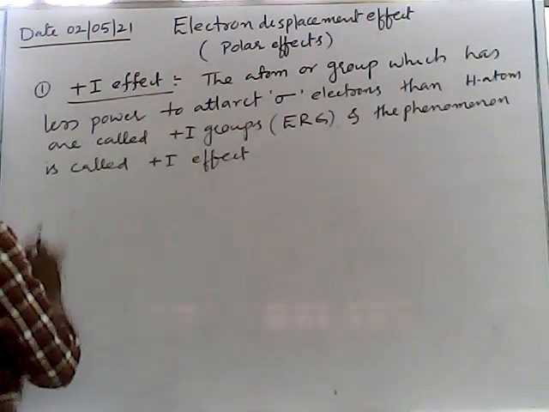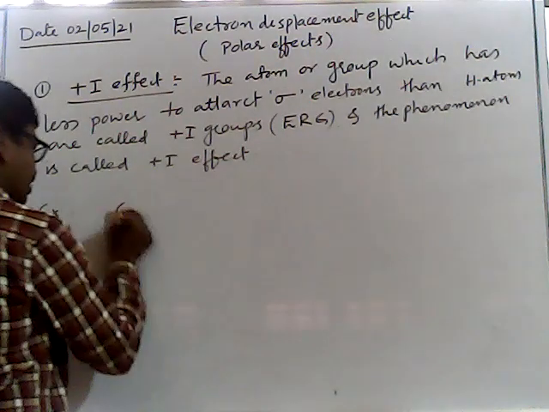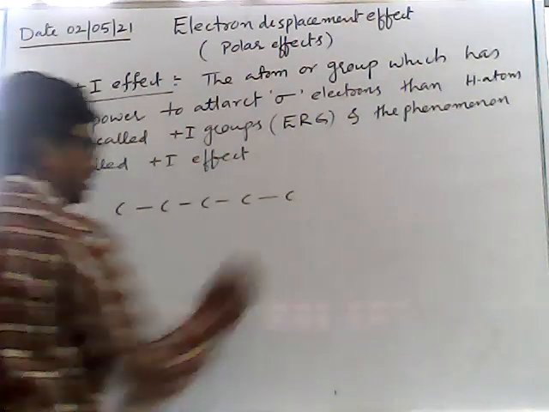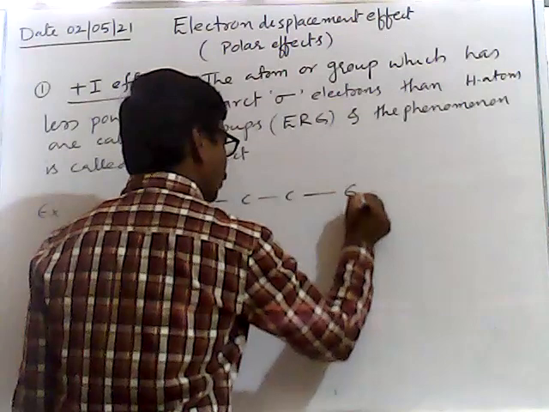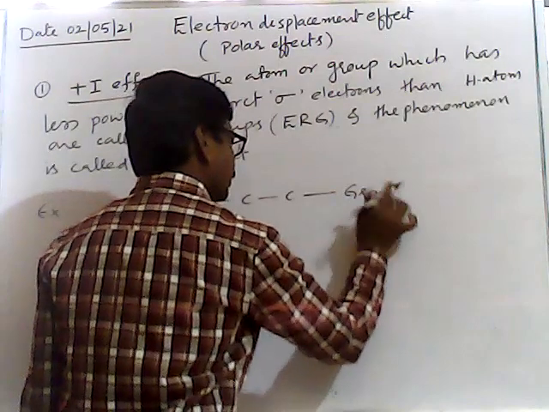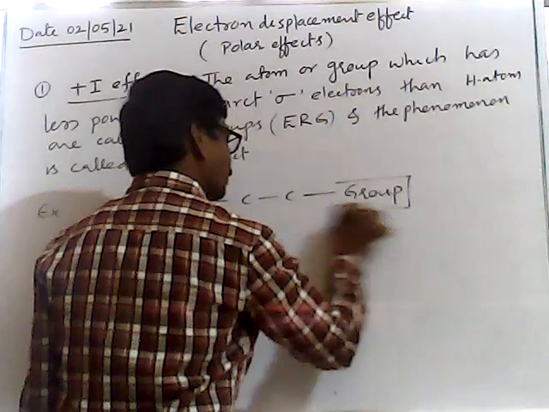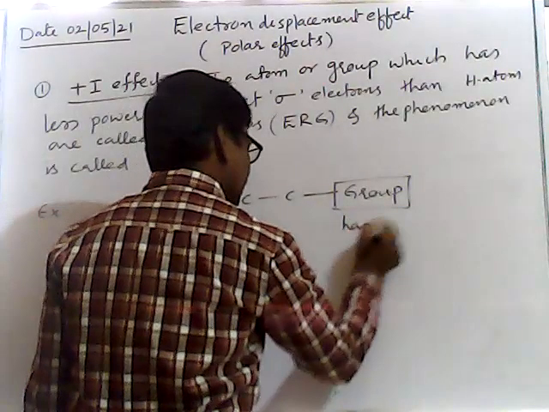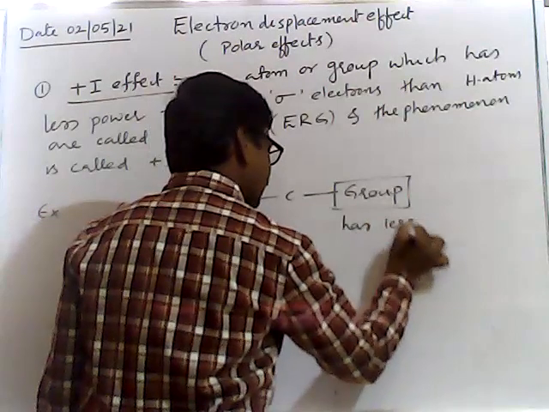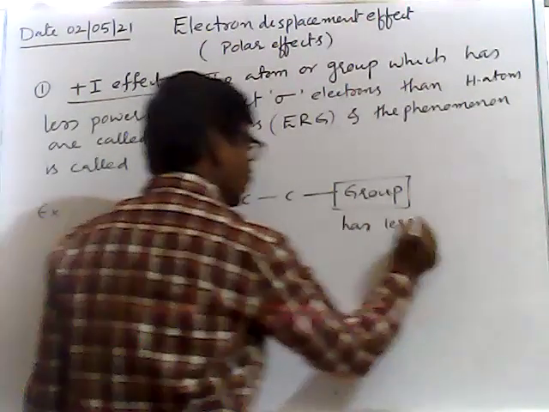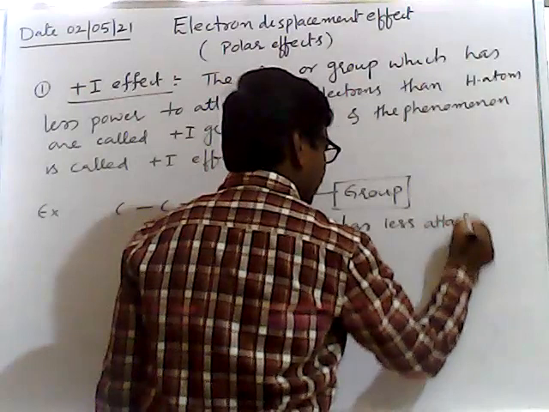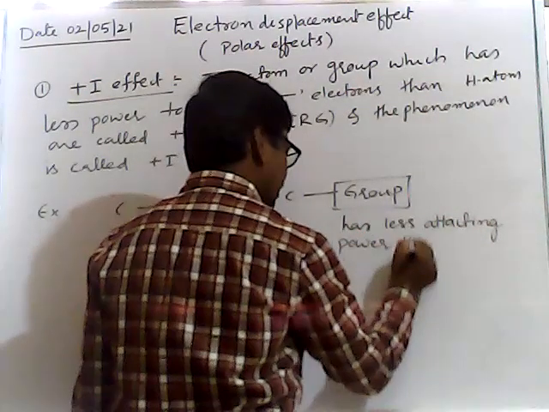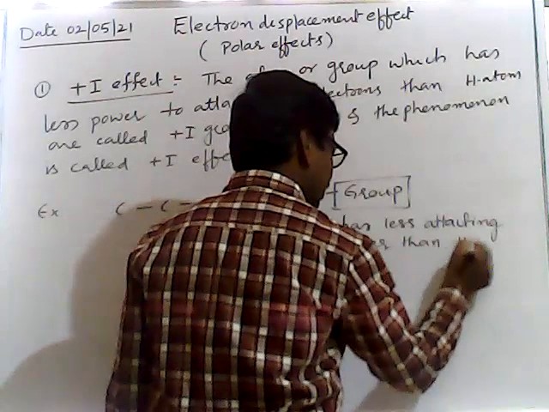Okay. Here, see, a simple example I am taking. This is the carbon chain. Five carbons are here, and here I am writing a group. This group has less attracting power than hydrogen.